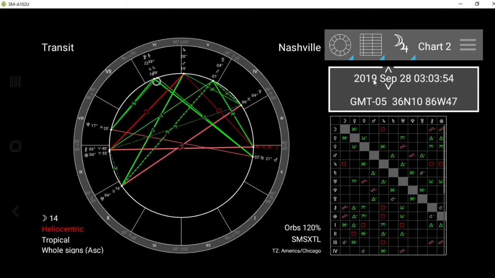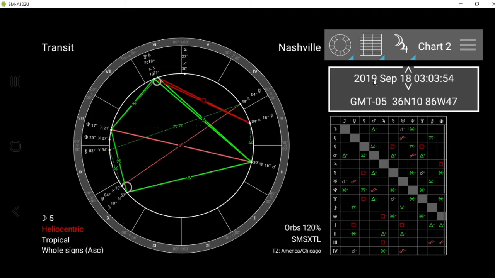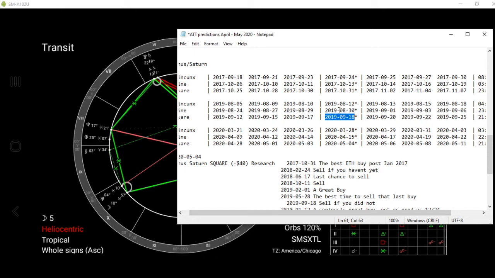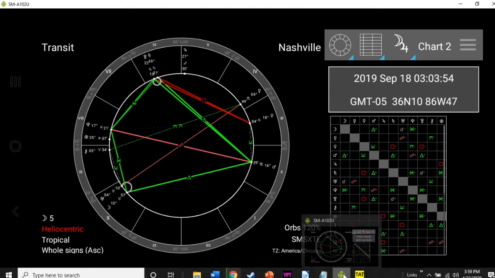As far as I know, I haven't made any major mistakes yet. Alright, 2019, 9/18, and because I'm not very smart, I'm going to make sure. Yep, 2019, 9/18 is the exact time for that one. And what happened? It was the last time to sell. I should have done this first.